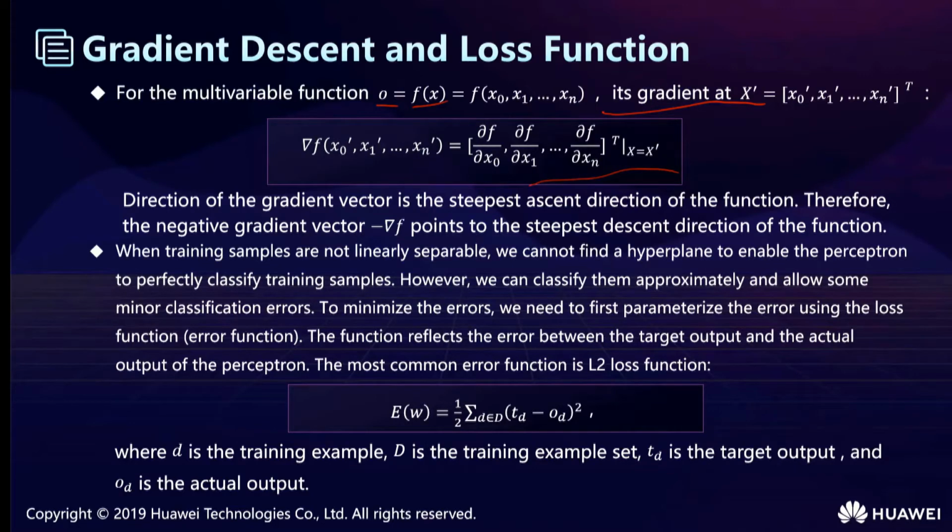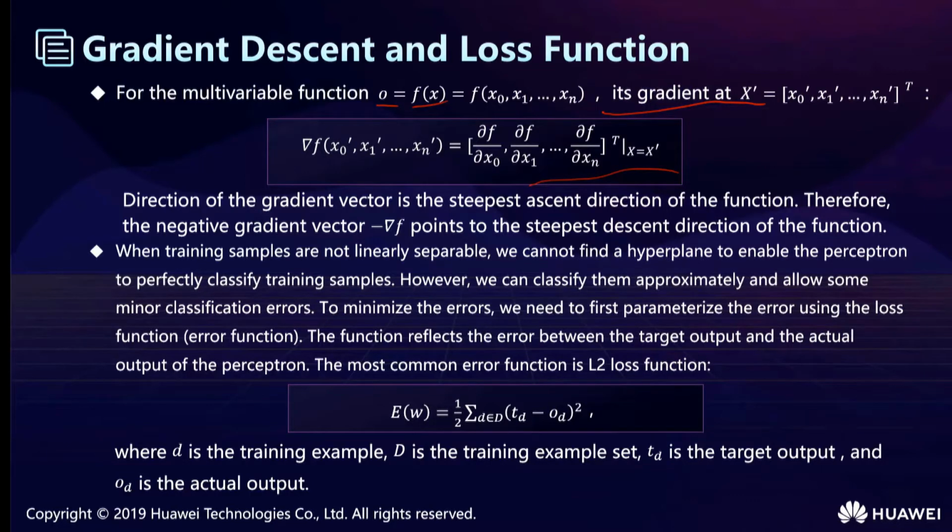When training samples are not linearly separable, we can't find a hyperplane that enables the perceptron to perfectly classify the training samples. However, we can classify them approximately, allowing some minor classification error. To minimize the error, we first need to parameterize it using a loss function.